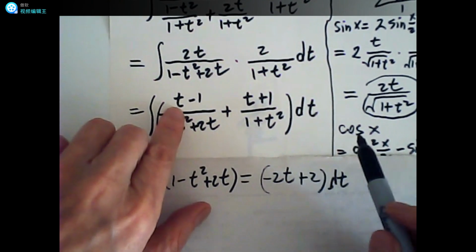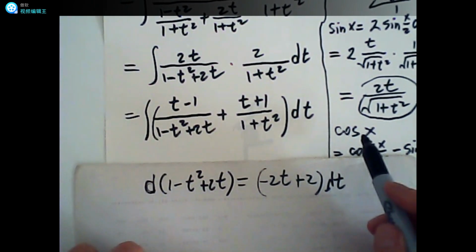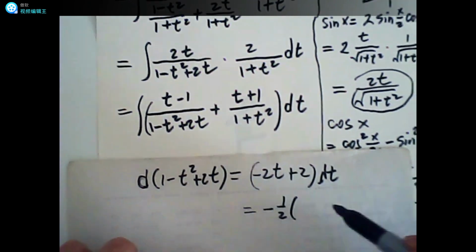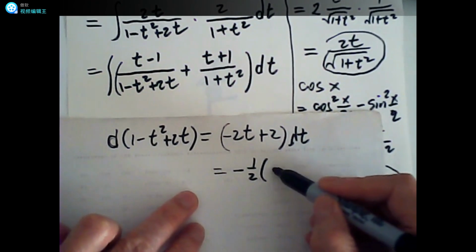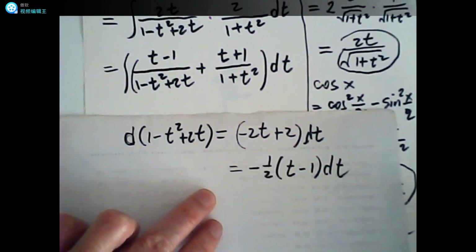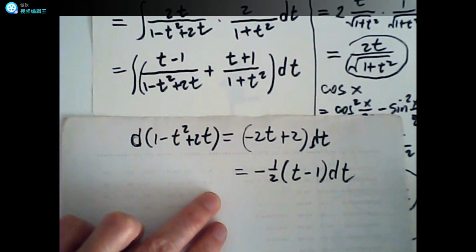What do we have? We have t minus 1. So this one is equal to taking negative half out, so this becomes t minus 1 dt. Do you understand?